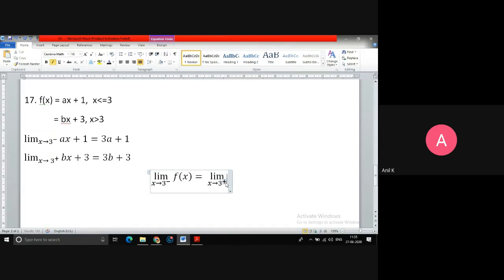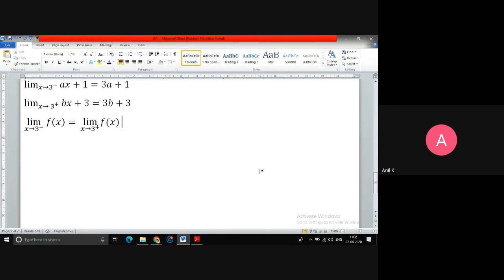Both left limit and right limit must be equal to one another, then only the function is continuous. So what I got, left limit is 3a plus 1 must be equal to 3b plus 3.